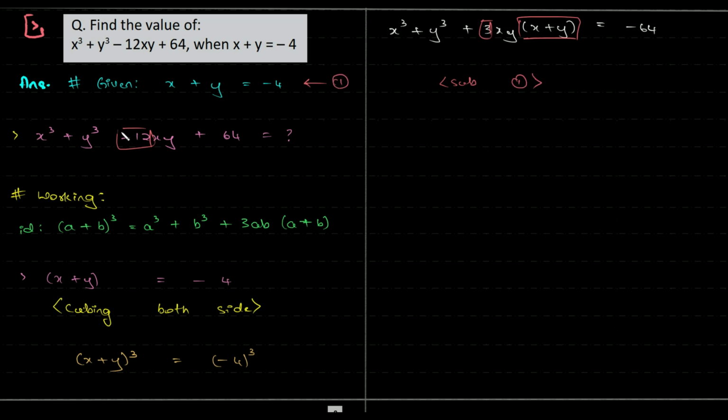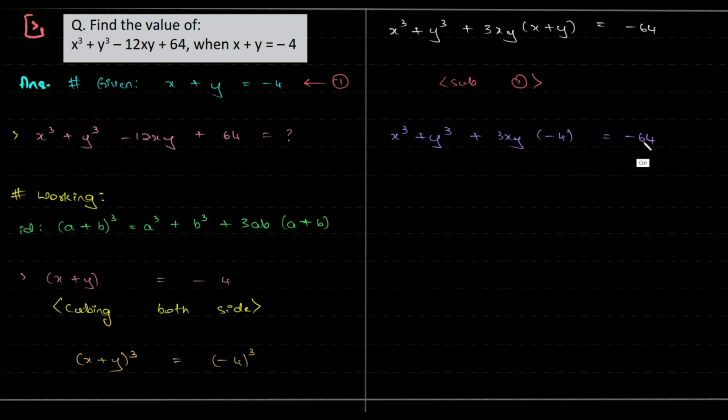Okay, so let me erase all of this. So this is how you think of a question. First start with the obvious. It's related to a plus b the whole cube. Write whatever you can and then move across. Then substitute and do this, do that. You'll be able to figure out the answer. x cube plus y cube plus 3xy times minus 4 is equal to 64.